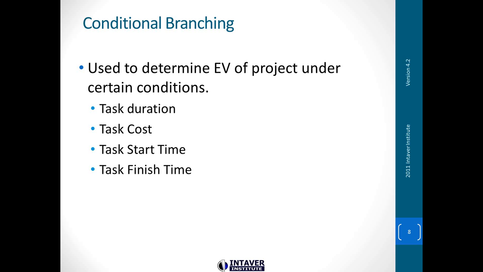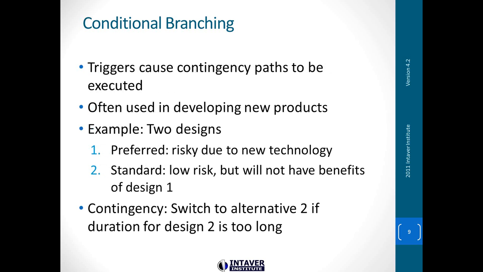So typically, in conditional branching, we're using these conditions as triggers that will cause contingency paths to be executed. So it's a very useful process to set up when you're looking at contingency planning based on facts on the ground.